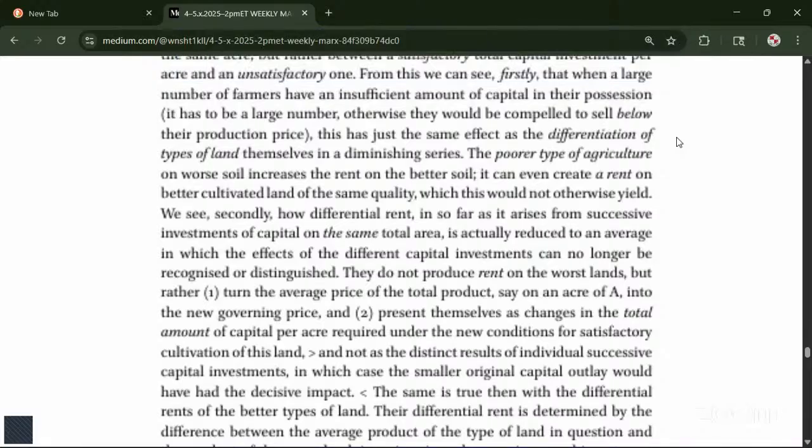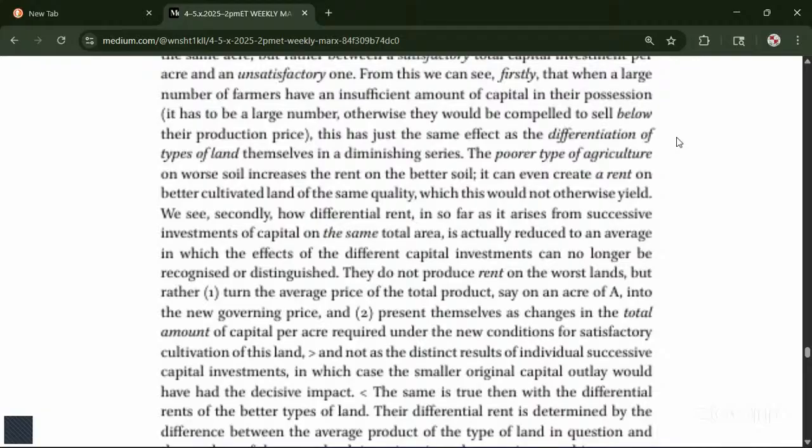We see, secondly, how differential rent, insofar as it arises from successive investments of capital on the same total area, is actually reduced to an average in which the effects of the different capital investments can no longer be recognized or distinguished. They do not produce rent on the worst lands, but rather, number one, turn the average price of the total product, say on an acre of land, into the new governing price.